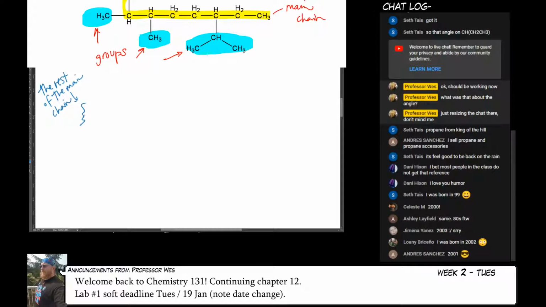Okay. And so if I have something like this, we're going to call this group what it looks like. It looks kind of like methane hanging out, except we're going to put ul at the end. So this is a methyl group. And we'll just keep this chain going down. This looks like a 2-carbon chain, so that would be an ethyl group, because it looks like ethane.